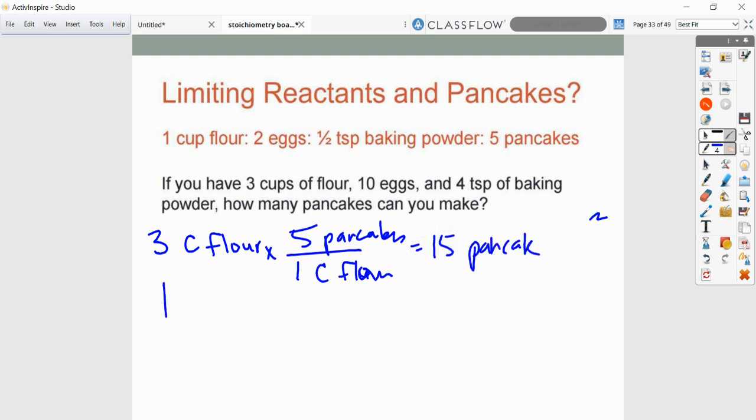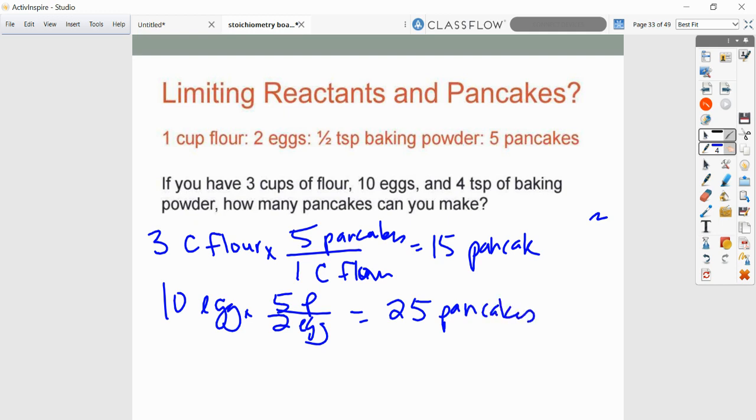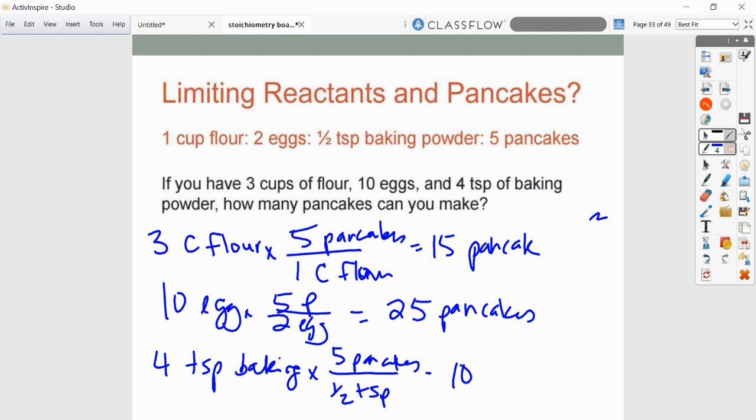If we had 10 eggs, for every 2 eggs, we can make 5 pancakes. I'm just going to say 5p. So in that case, we can make 25 pancakes. Or if we had 4 teaspoons of baking powder, and for every 1/2 teaspoon or 0.5 teaspoon of the baking powder, we could make 5 pancakes, we could get 40 pancakes.